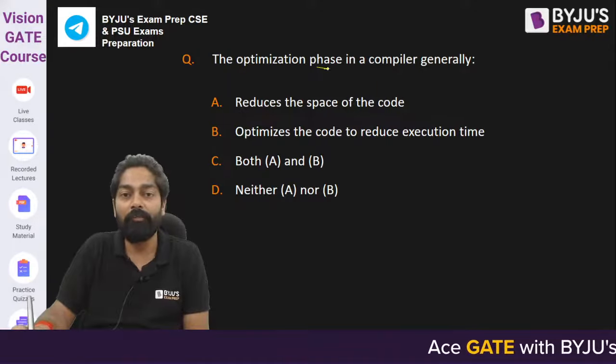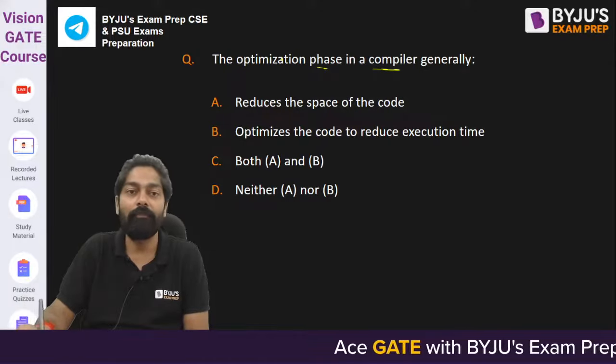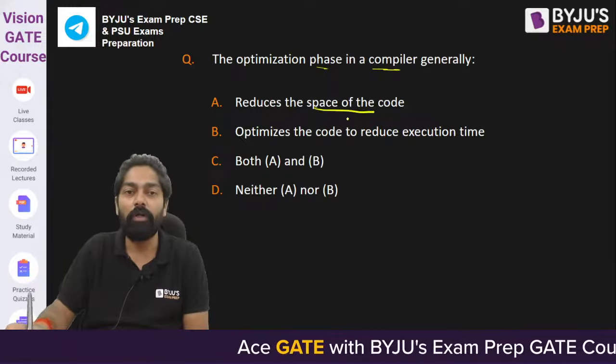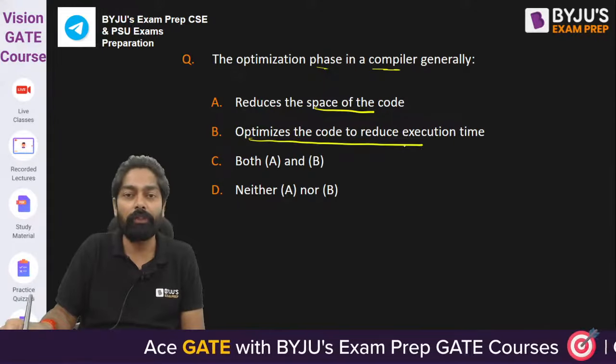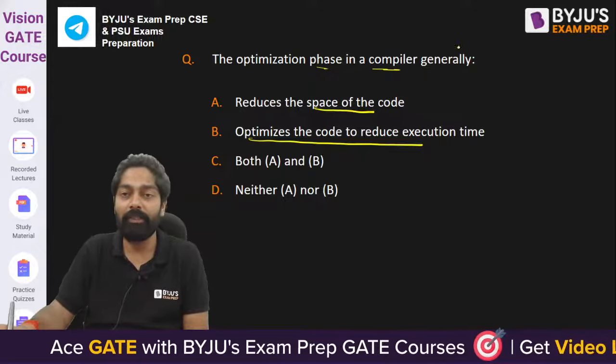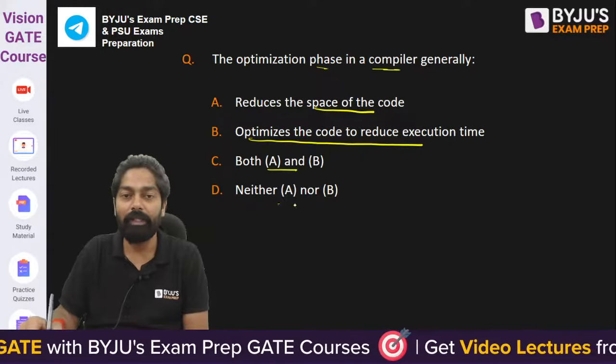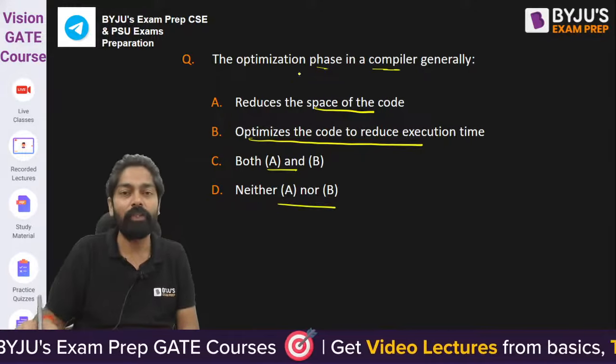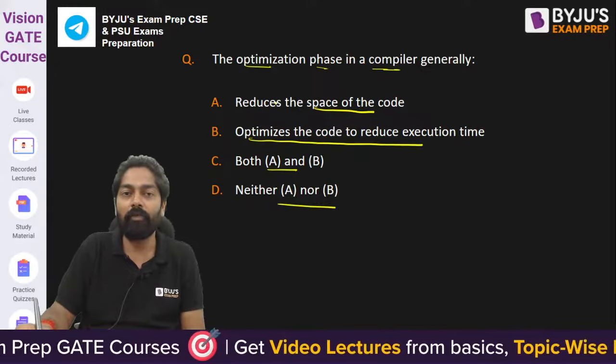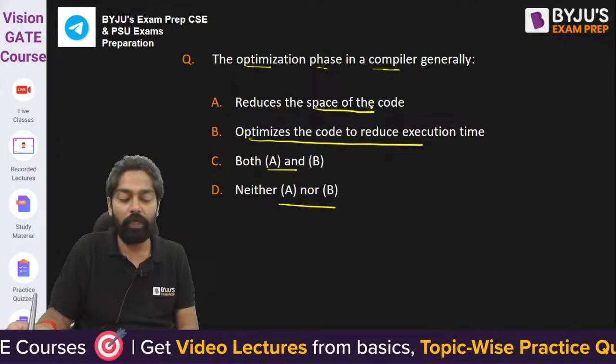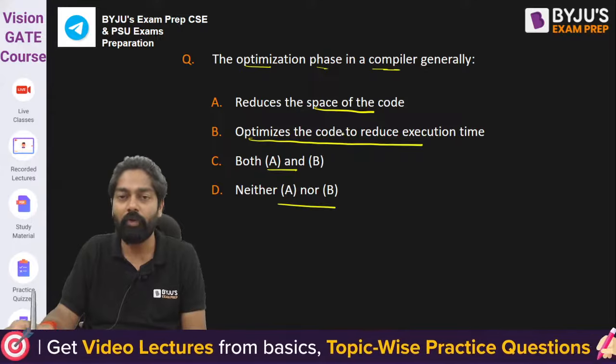Now what about this one? The optimization phases in a compiler generally reduce the space of the code or optimize the code to reduce execution time. This is MCQ only: both A and B, or neither A nor B. I think this is a very easy question. Optimization reduces the space of the code, and it also optimizes the code to reduce execution time.